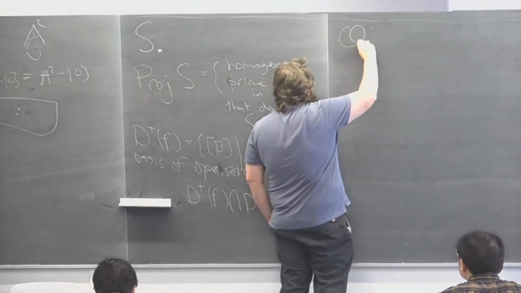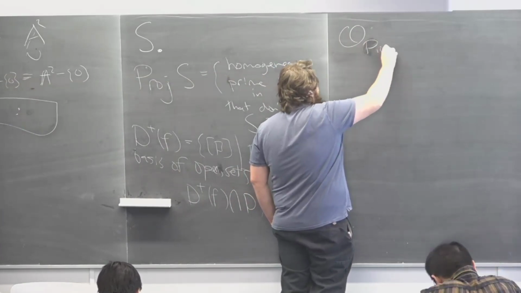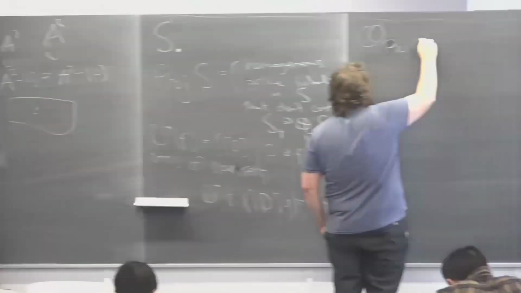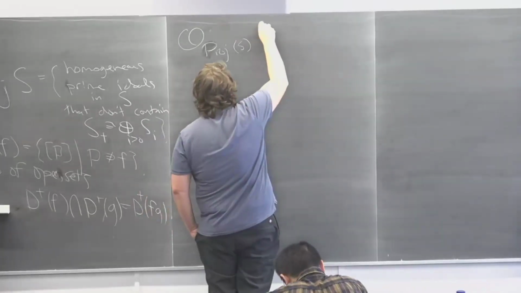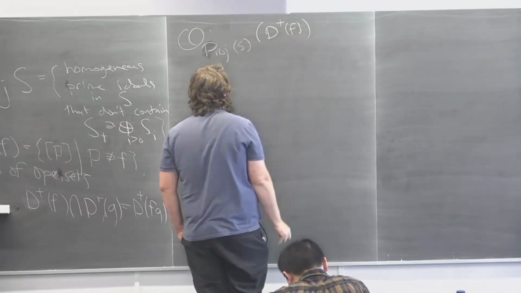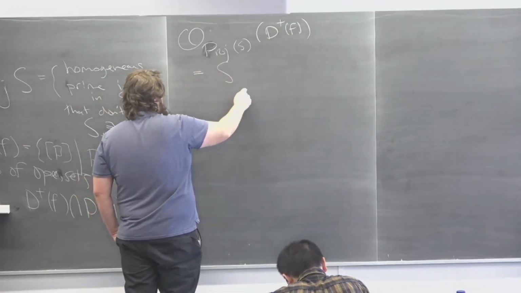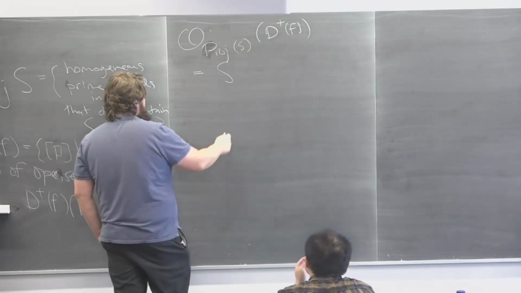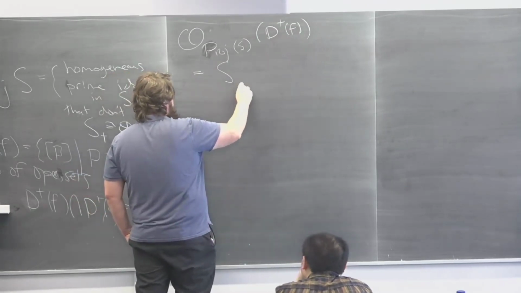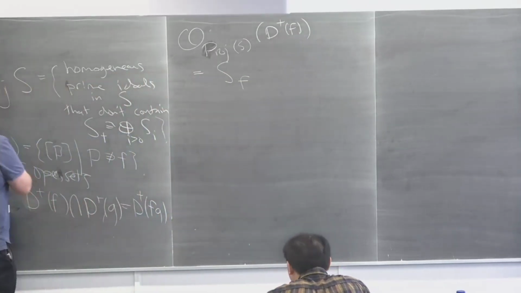All right, so I define the structure sheaf of Proj of S on one of these distinguished open sets to be, so I take the whole ring, I'm not going to write the dot just to make my life a little easier. I localize at F, my F has to be homogeneous.